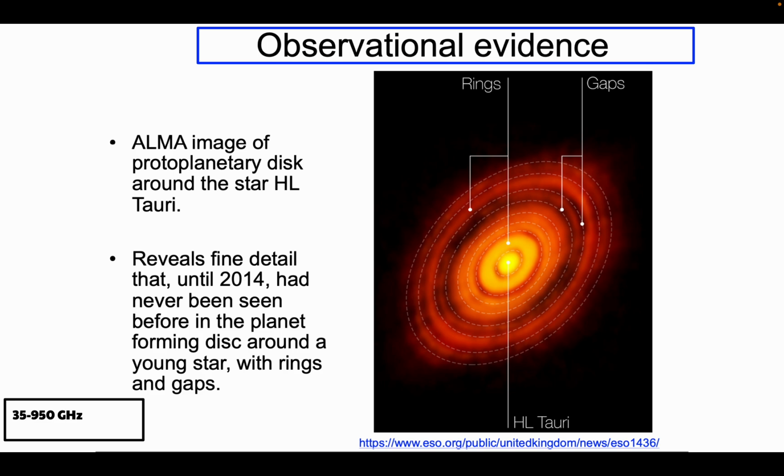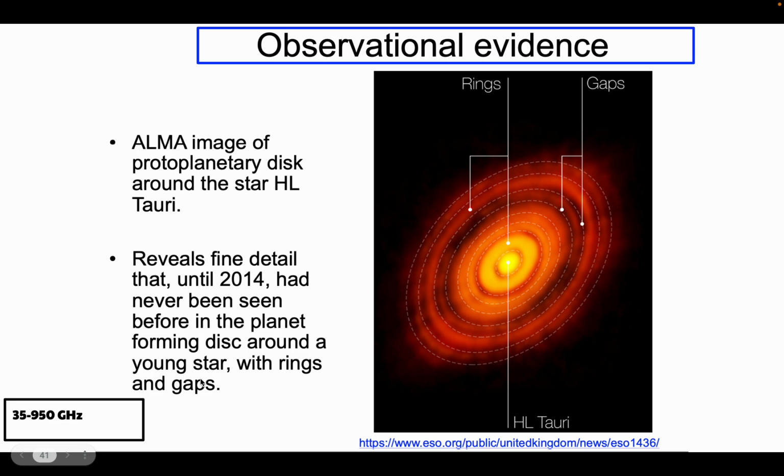You can see fine details that had never been seen before 2014. This image was taken in 2014, and you can see a planet forming around a young star with rings and gaps.